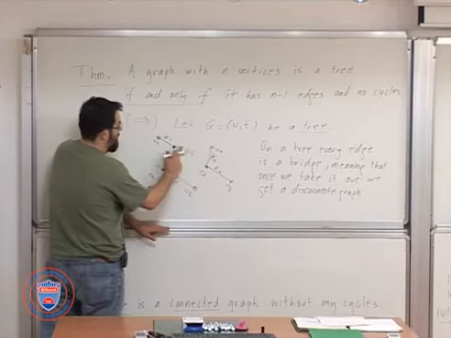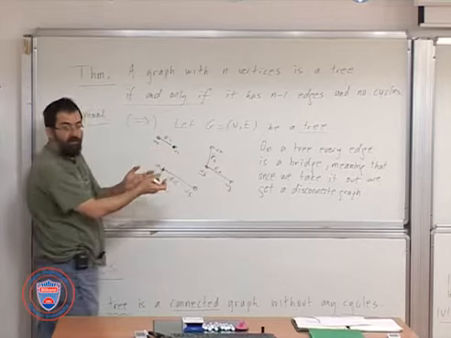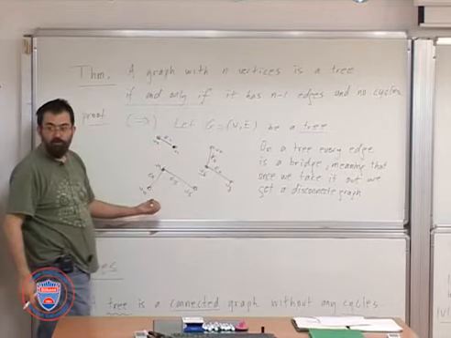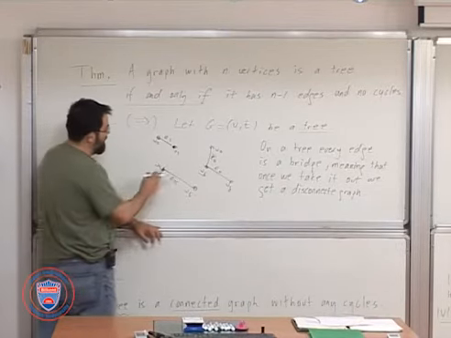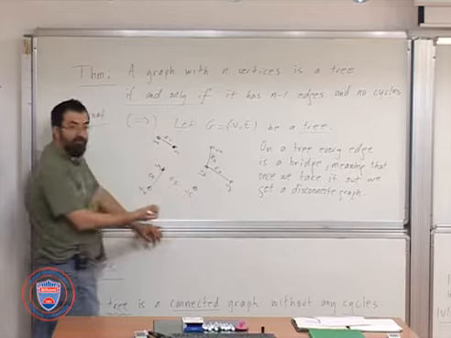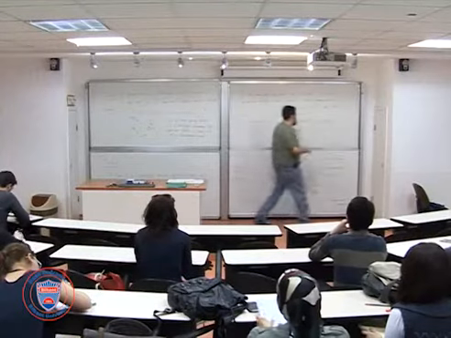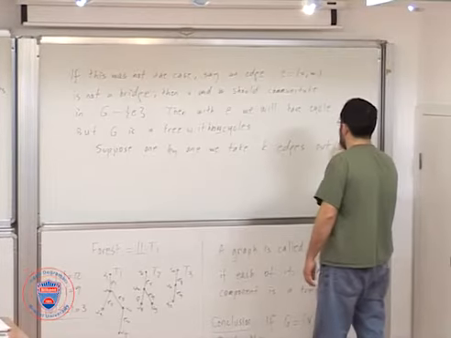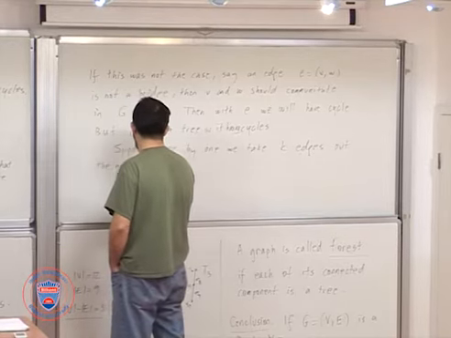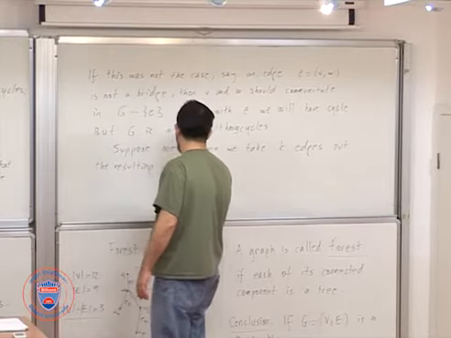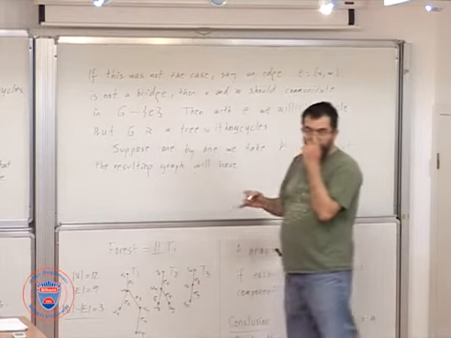When you take that edge out, you again get two components out of that component, which means totally you will get three components. And then if you do this again, you get four components. So if you take k edges out, the resulting graph will have how many components?